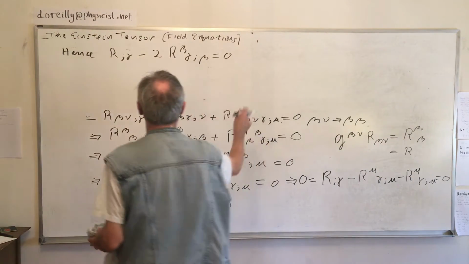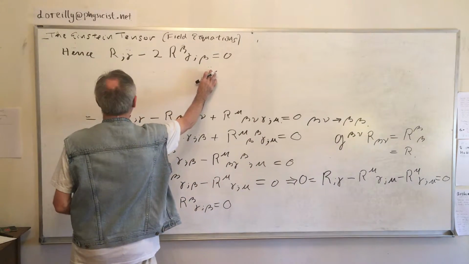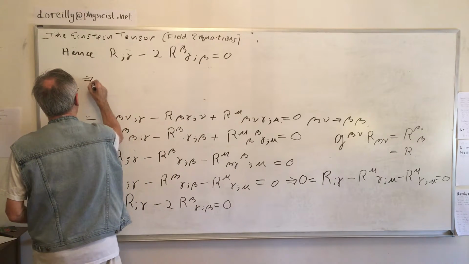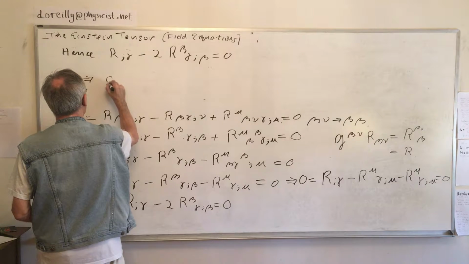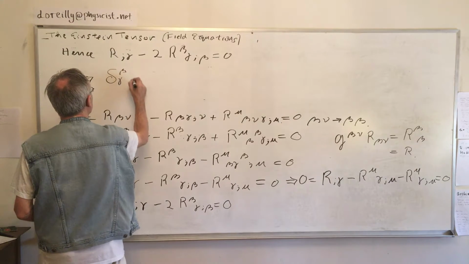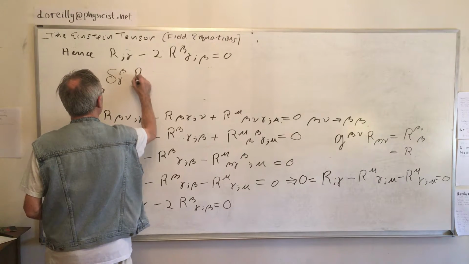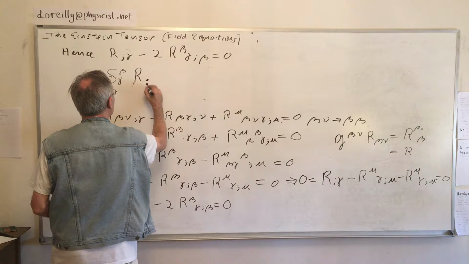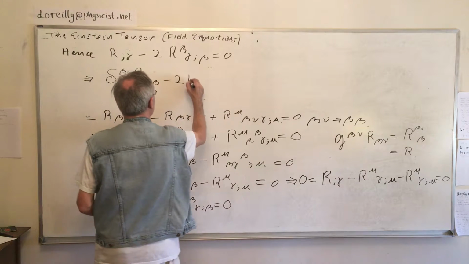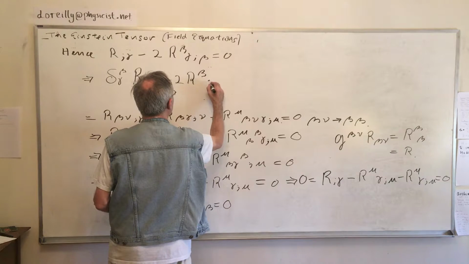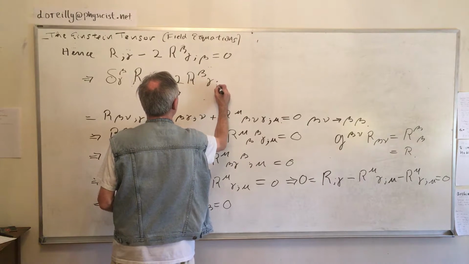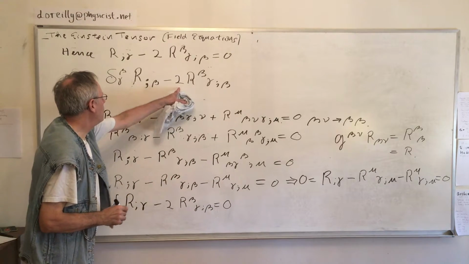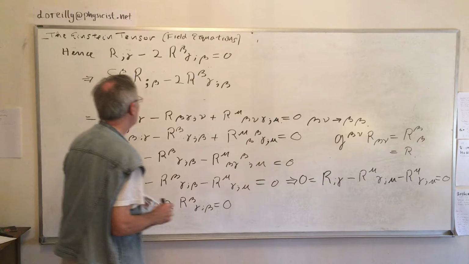Okay, so now I want to get an expression where the derivative is a gamma. So I'll use a Kronecker delta. So that's the expression that I get. And it's conventional to put the 2 under this one.